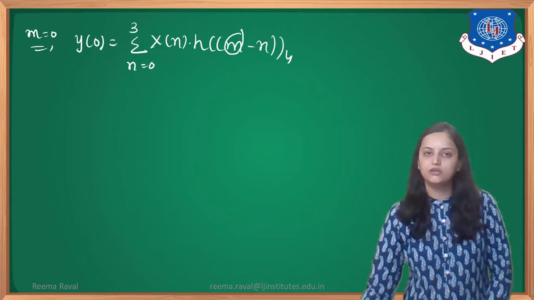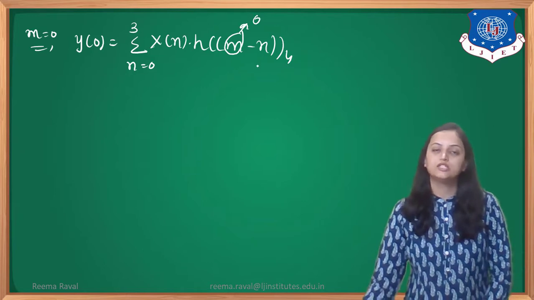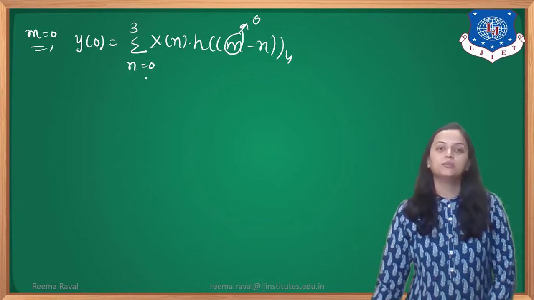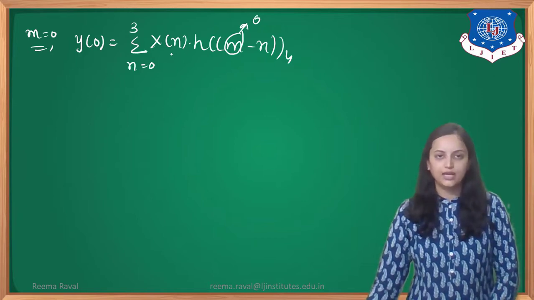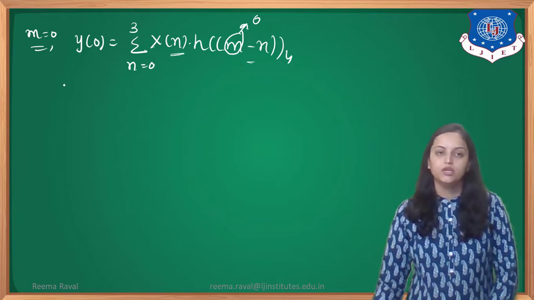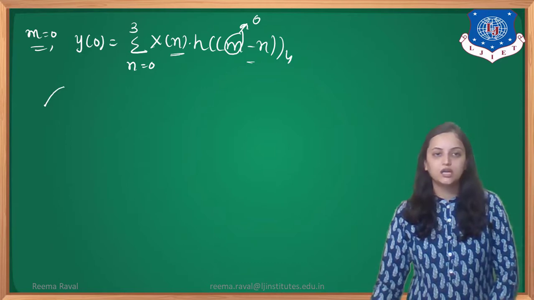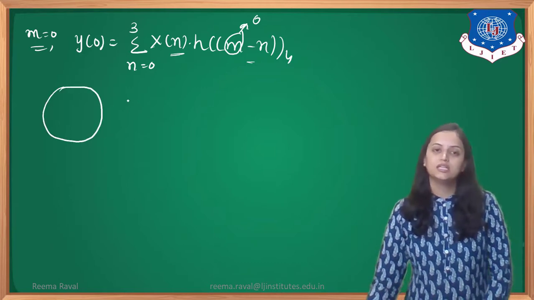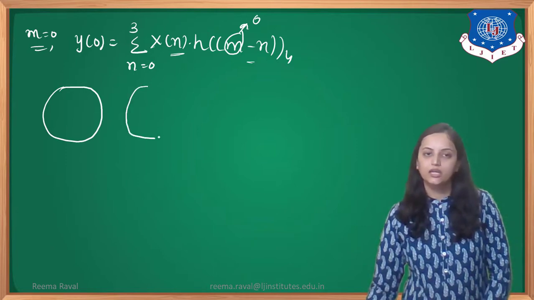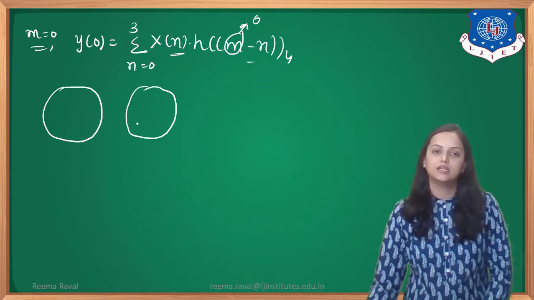Here we have taken m equals 0, so we will get h of minus n, modulo 4. This indicates that we need to find the convolution of x of n and h of minus n. So first of all, let us plot the circular convolution using circles, for which we need to indicate x of n and h of minus n.